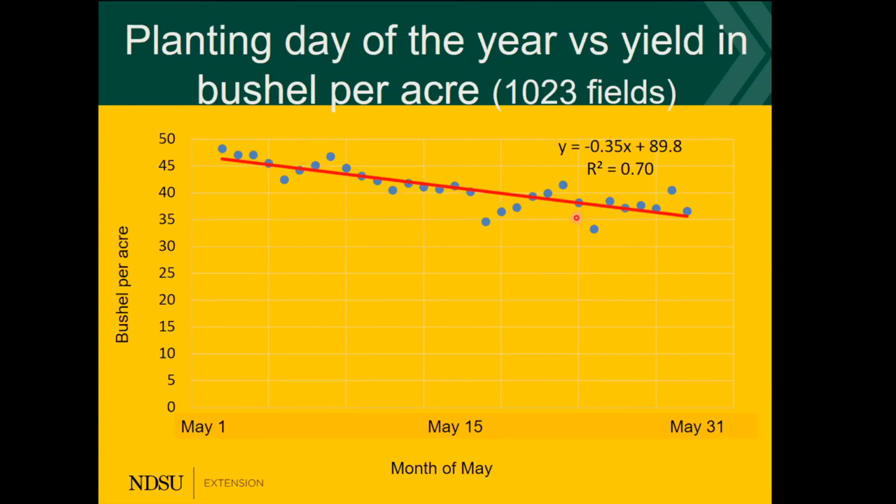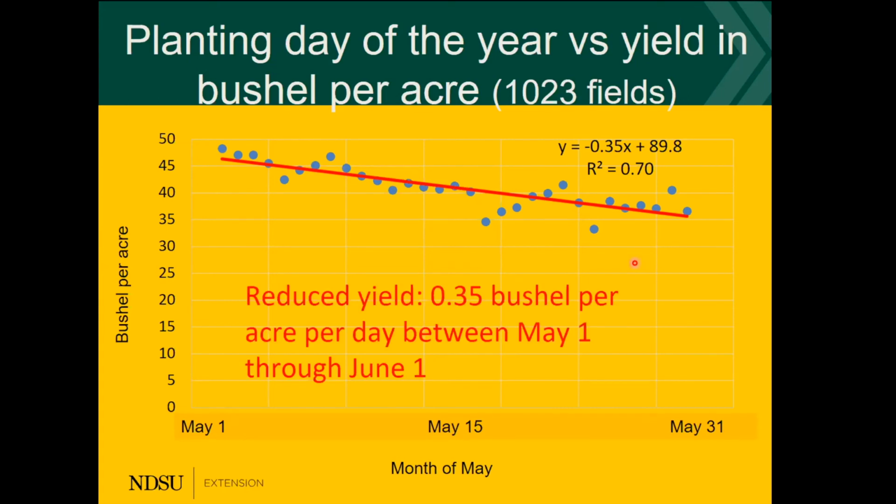Now, if we are looking at planting date and yield, here we start with May 1st on the left to May 31st, and I put down all the yields of all those 1,000 plus fields when they were obtained after harvest with the planting date. And you see there is a slope here that indicates that as you plant later, your yields are also going down.